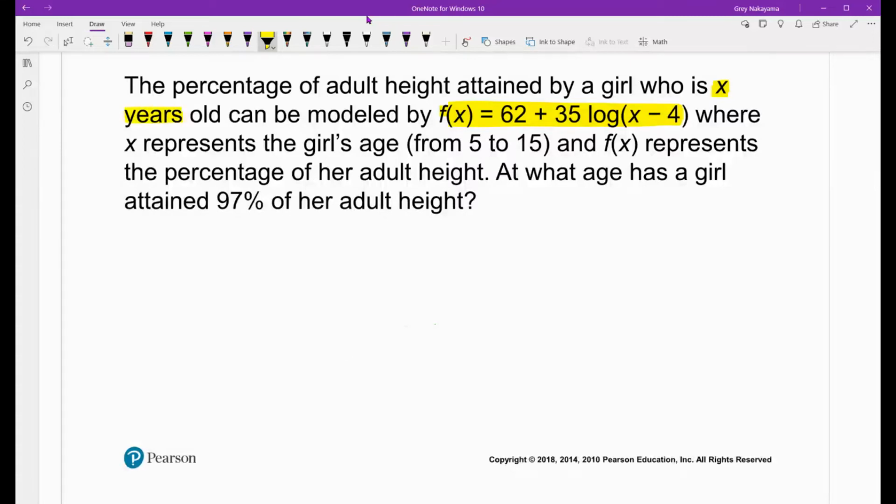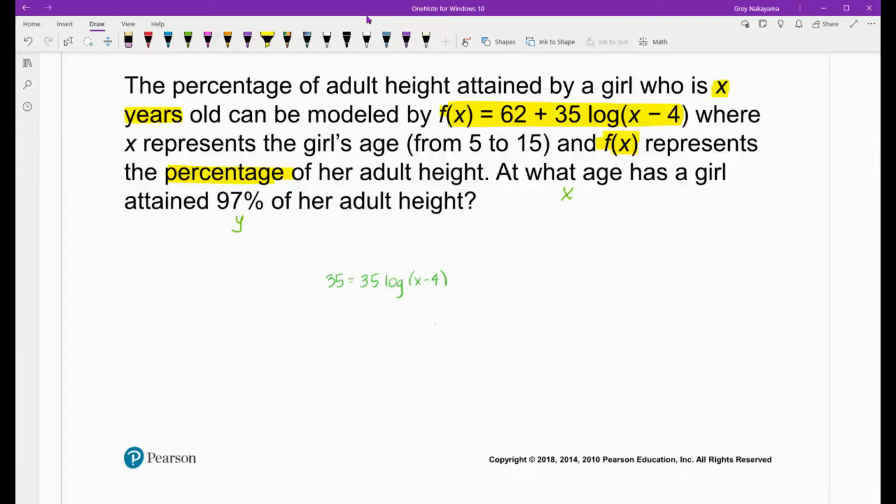So x represents the years, her age, and f of x represents the percentage, okay? f of x being your y. So in this particular case, at what age, that means they're asking me for x, has a girl attained 97%? That's the y value. So that means 97 is going to be put into the formula on the left side.